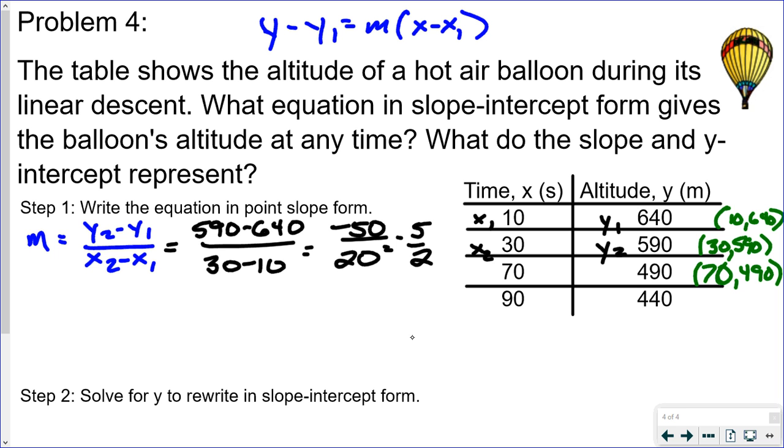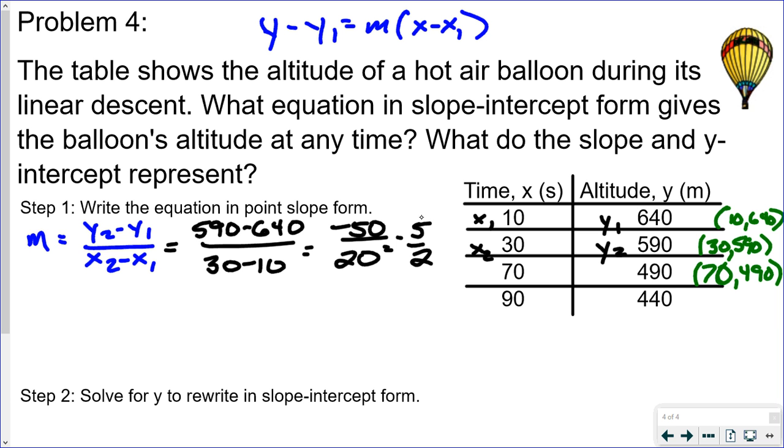And yes, you should simplify that. So that's the slope. You could change that into a decimal if you want. A lot of times with slope, we go ahead and leave it as a fraction because we like to use rise over run a lot of times with slope. So if it's as a fraction, then it's already there to help us in that way. So we've got our slope.